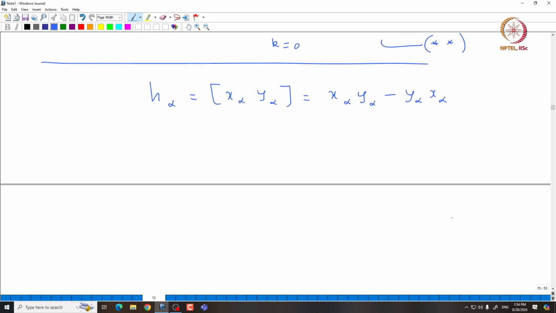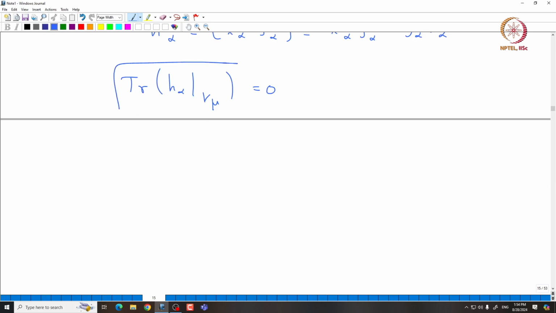Now we know how h alpha acts on the individual weight spaces. So, it is easy to see that the trace of h alpha restricted to V mu is supposed to be 0, because that is exactly the commutator of x alpha and y alpha. The trace of a commutator is going to be 0.